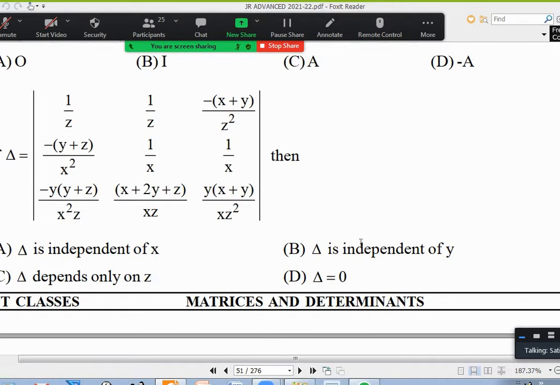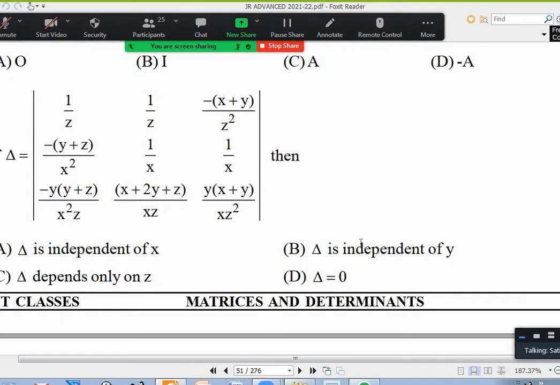Okay, so in R1 we are taking 1 by z square common. In R2 we are taking 1 by x square common. In R3 we are taking 1 by x square z square common. Then what will happen?